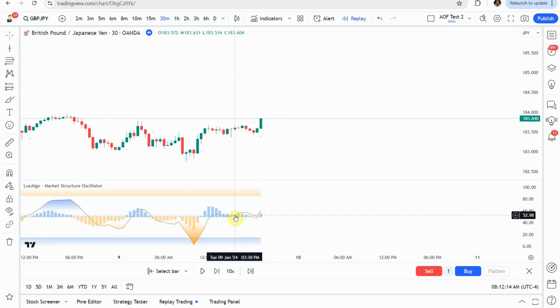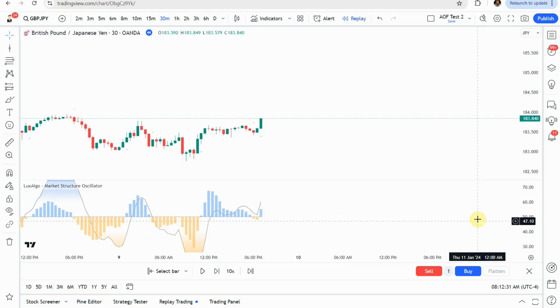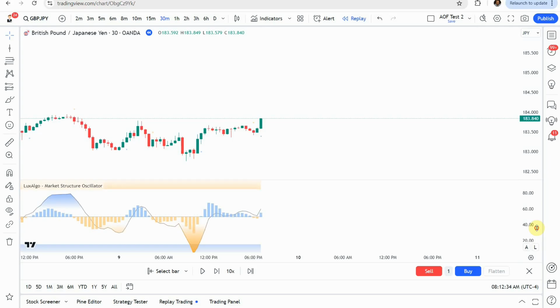In this case, it's at 50, but basically you have this line down the middle that the histogram and oscillator is pivoting around. We'll call that the 0 line. And we want that line to be above that 0 line with a blue histogram bar like it has right here. When those line up, that'll be your signal to then enter into a long.